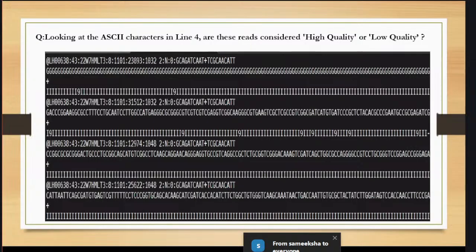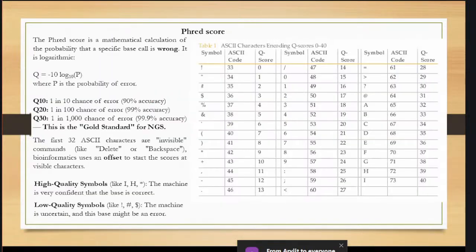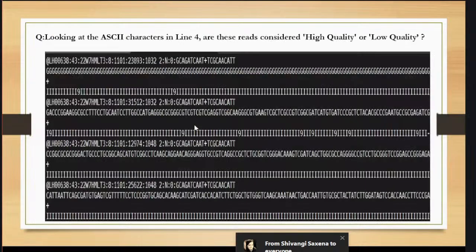High quality, yeah. How did you come to know? Should I show you the previous slide? Yes, because of the I. Here I have shown that the I has the highest scoring and exclamation has the lowest scoring. So it means you can accept these reads because it has a high scoring, right?